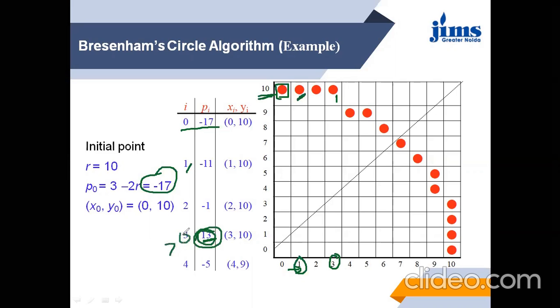So we have to draw yk minus 1, and yk is 10 at this position. You can see from here, this is 10. So 10 minus 1 means we have to draw this pixel. So it happens in the case of Bresenham's circle algorithm.